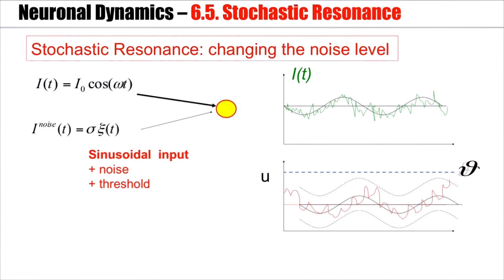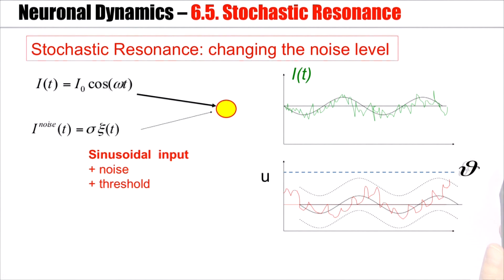Now let's look at these oscillatory situations. Suppose I give an oscillatory input plus some noise to my neuron, say a leaky integrate-and-fire model with a threshold. Then we know there's a mean trajectory and the actual trajectory is close to the mean.